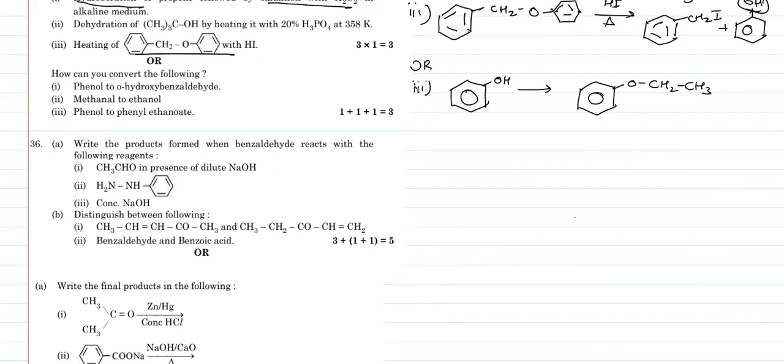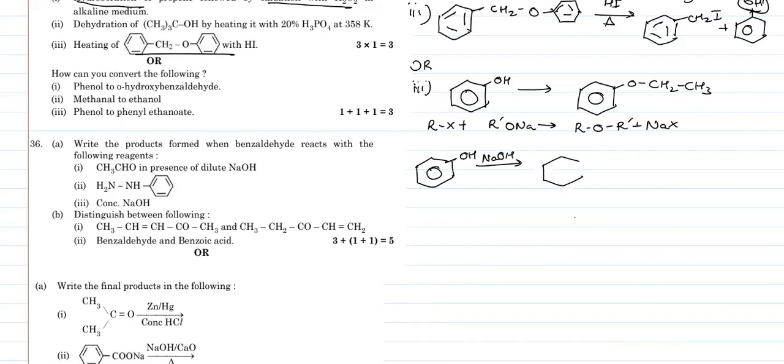Now we can easily use Williamson's synthesis, where you have RX plus R'ONa giving rise to ROR' plus NaX. Now, it's easy for us to convert the phenol OH group to an O minus Na plus by reacting it with sodium hydroxide.